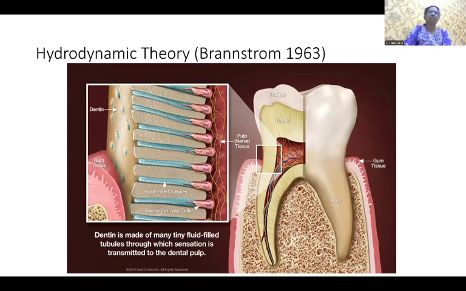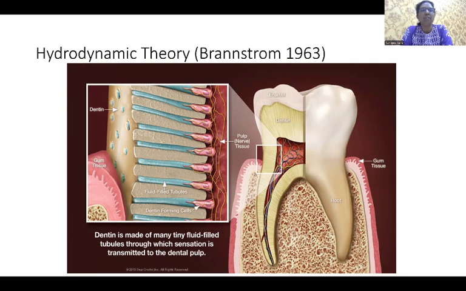There is a theory proposed by Brandstrom in 1963, the hydrodynamic theory. According to this theory, the exposed dentin has dentinal tubules. These dentinal tubules have the odontoblastic process, which is in connection with the nerve endings of the pulp.